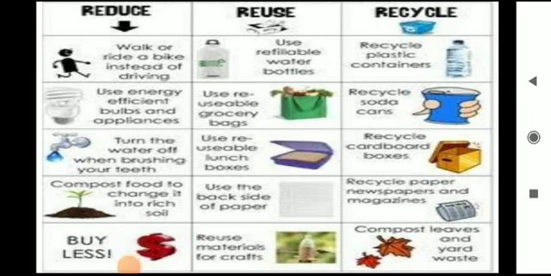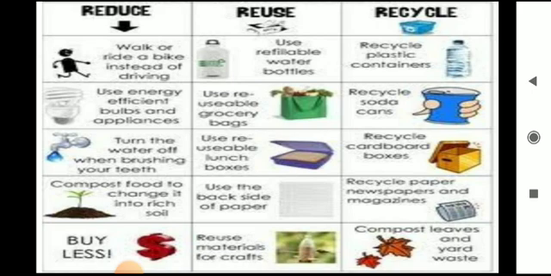As in this chart you can see recyclable plastic containers, soda cans, cardboard boxes, paper and newspapers, magazines, compost leaves. These are all things that are recyclable. And some things that we can reuse, as in this chart, you can see refillable water bottles.